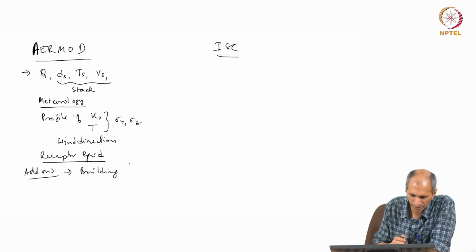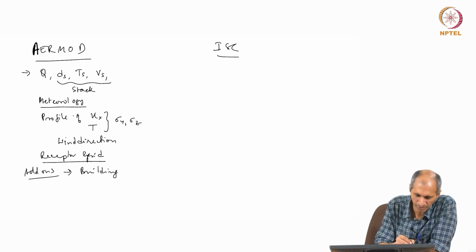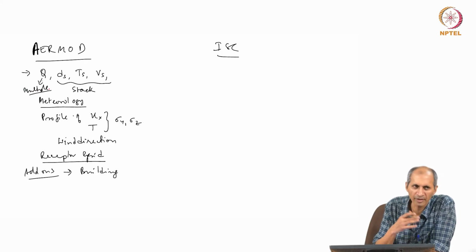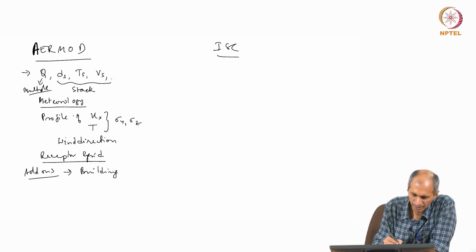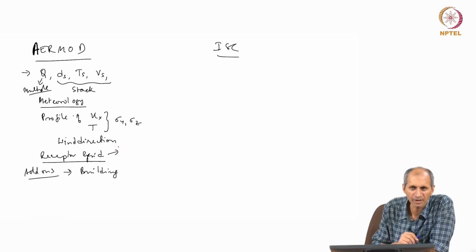You can add multiple sources, many sources. You can have point sources, area sources, all of that. In the receptor grid you can specify where you want measurements, at what height, everything can be done.